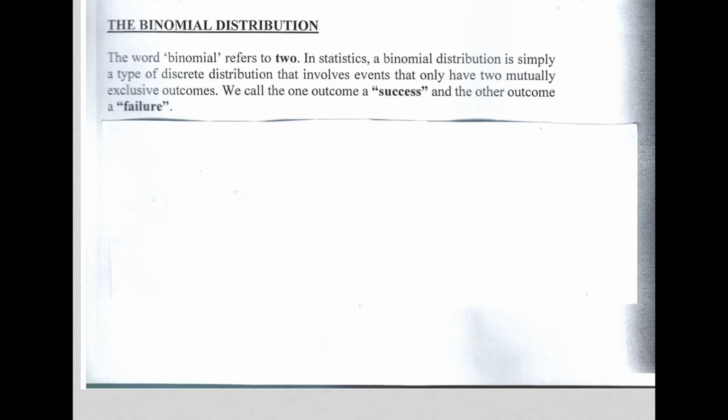Let's look at some of the events that we've done in past exercises that we could use here that are binomially distributed. The first is tossing a coin. You know that when you toss a coin, you have only 2 outcomes: it's either heads or tails.